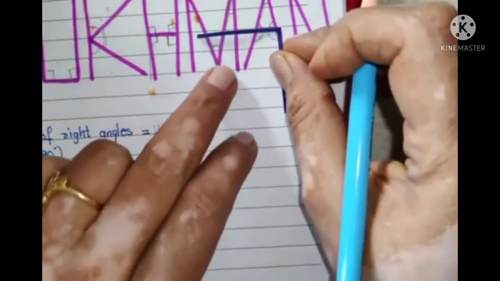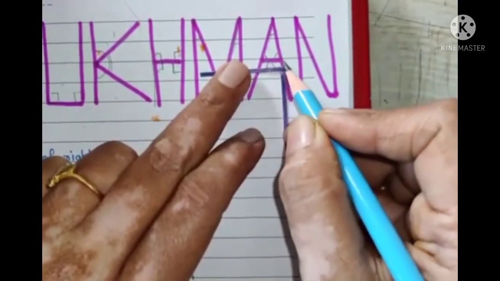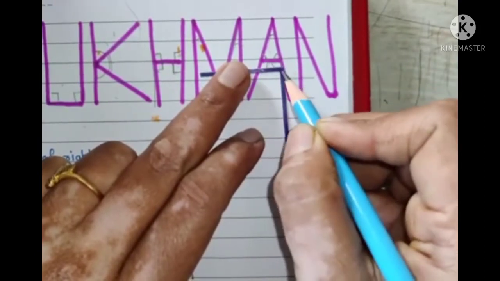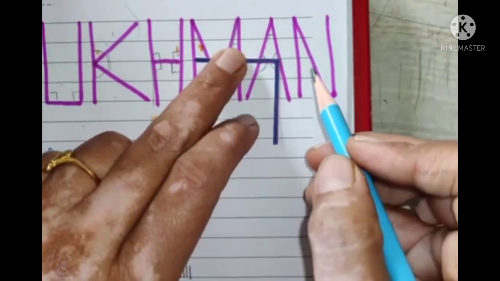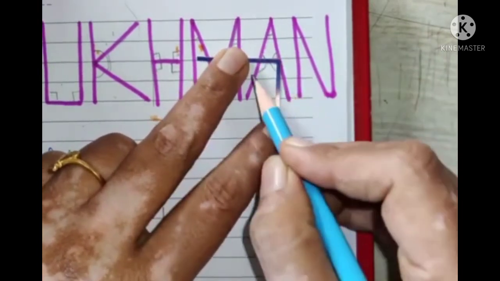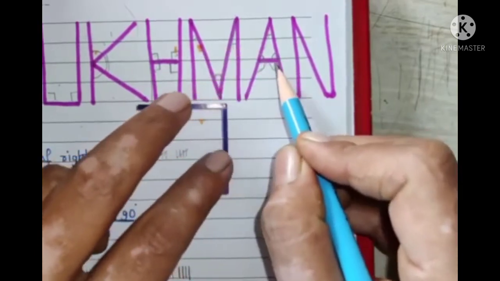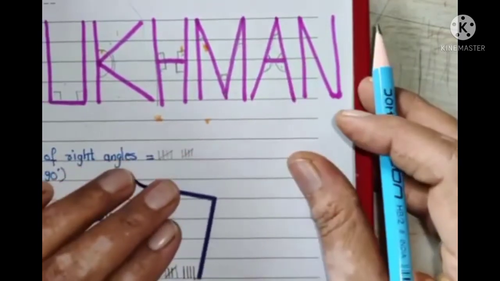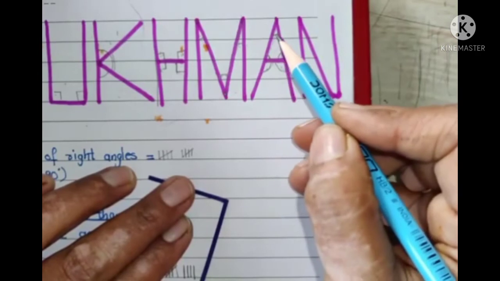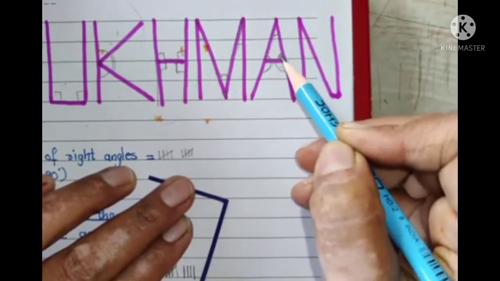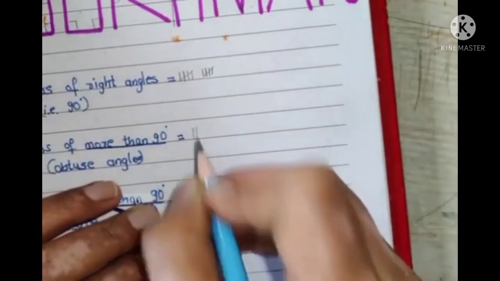Now again, here I'm going to overlap this line with this line and this vertex with this, and you could see that the line has crossed 90, it is outside 90. So this angle is obtuse. So for letter A, you come to know that always 5 angles are there, and in these 5 angles, 3 are acute and these 2 are obtuse. So let me draw one line for obtuse here.